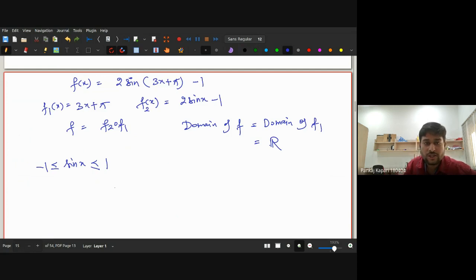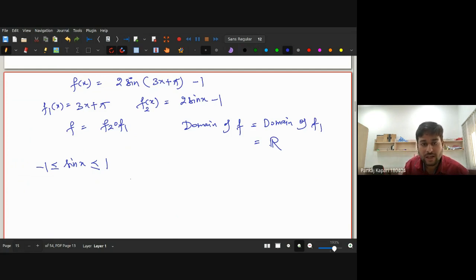There are lots of such points. We don't need to do that explicit calculation, because this function is defined for every value of x, and sine lies between -1 and 1.